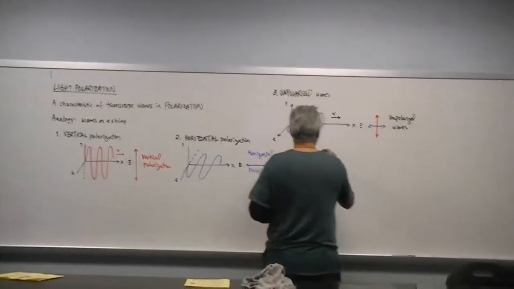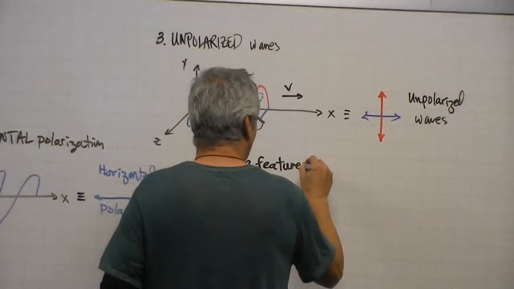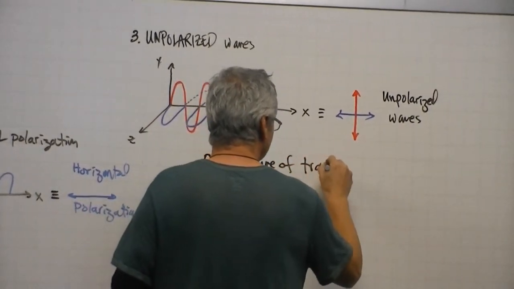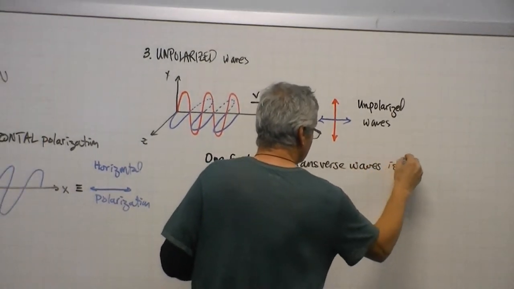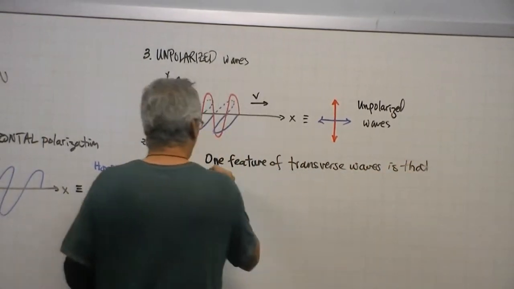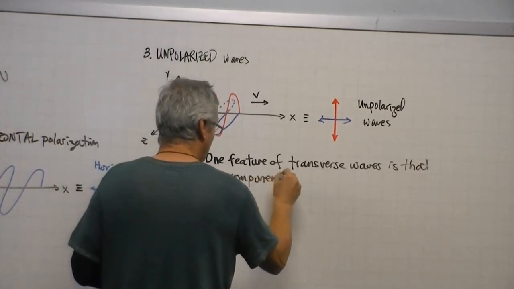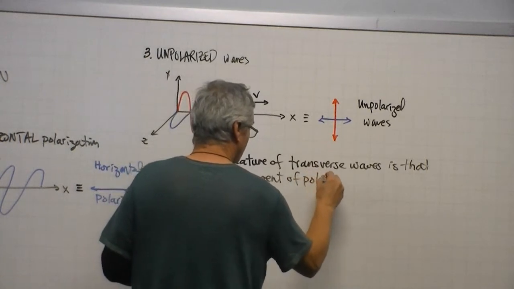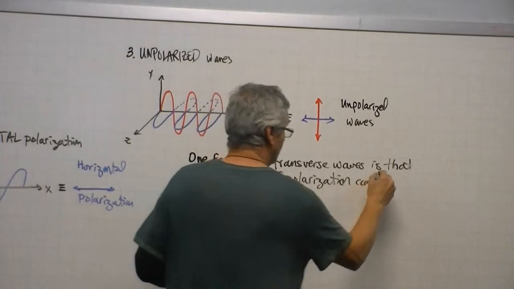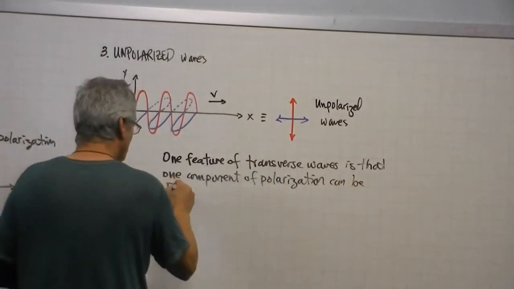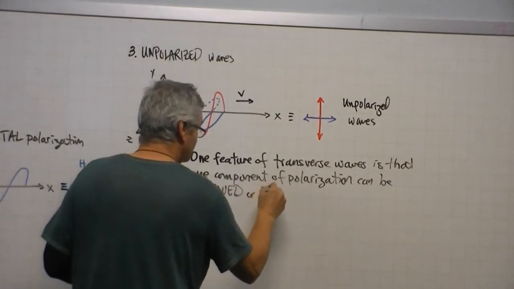So what we can say here is that one feature of transverse waves is that one component of polarization can be removed or filtered.